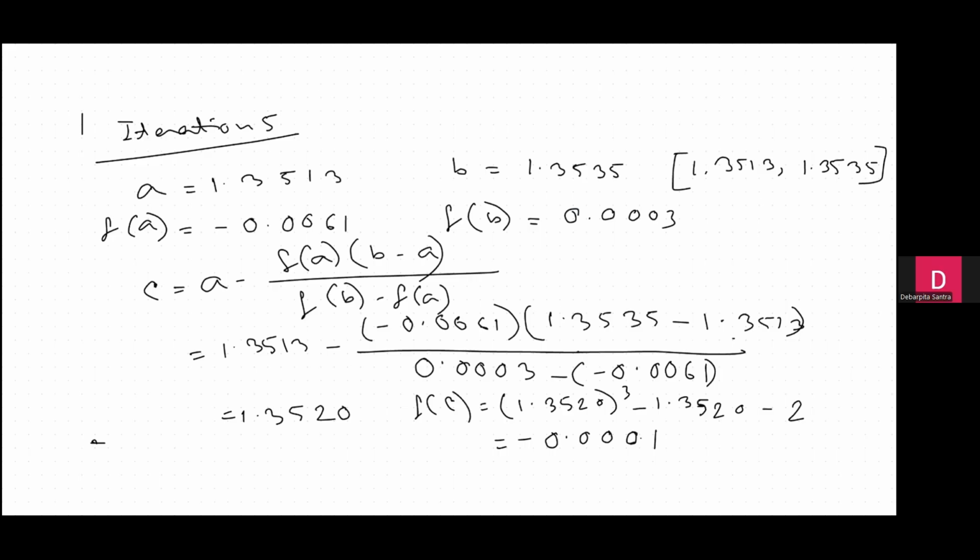That is our b. Here it is written 1.3535 and now it is 1.3520. So in the previous iteration, iteration 4, the value of c was 1.3535 and at iteration number 5 the value of c is 1.3520. And we have seen that f of c is very low.